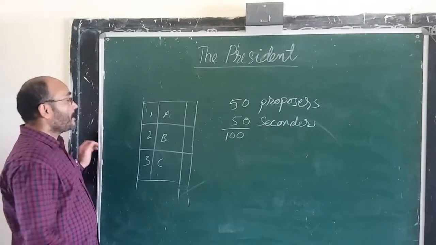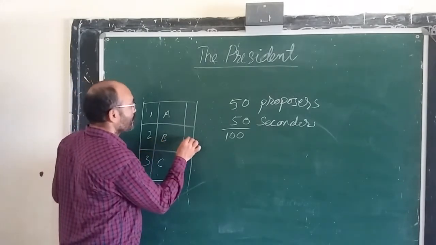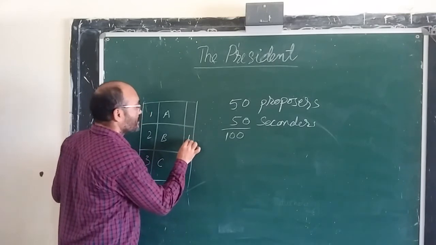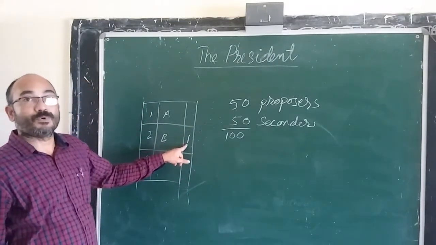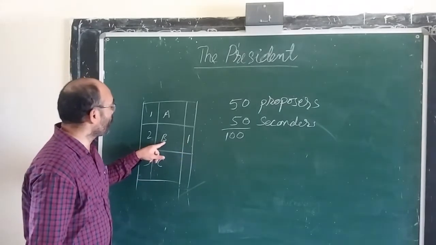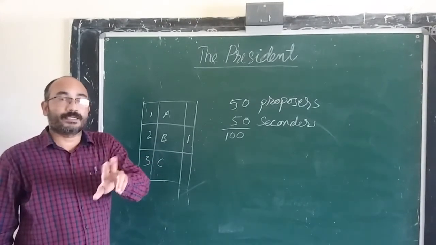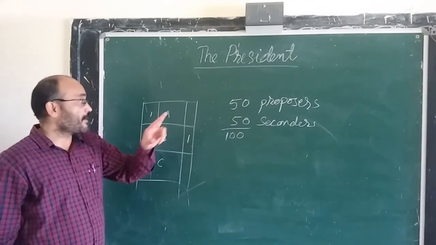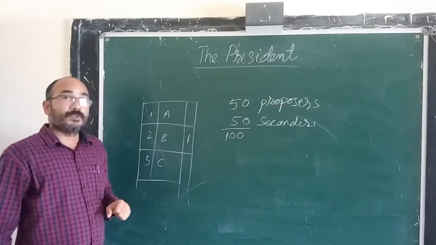I cast my first preference vote to candidate B. When I put 1, I am casting my vote for B. Then 2 more votes are there. I can mark my preferences against A and C.